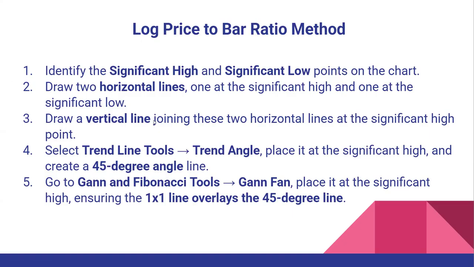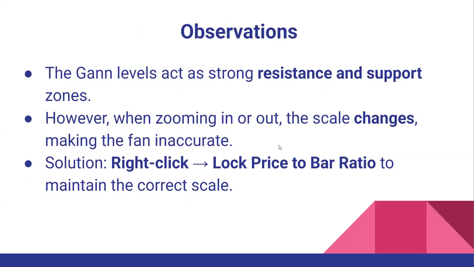Why this thing is very important is that the Gann angle lines act as support and resistance. These are all angular levels. The market doesn't move in a straight line.